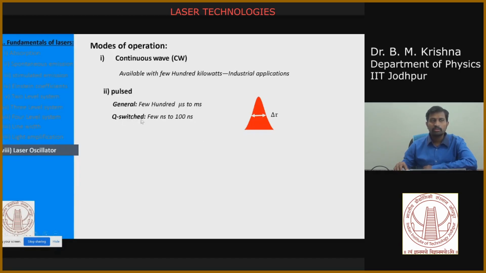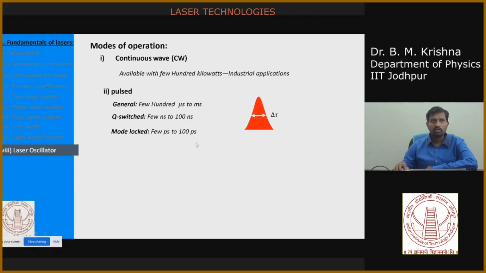In Q-switched lasers, Q-switching is a technique to make your laser into a short pulse laser. You can make your laser system produce pulses from a few nanoseconds to hundreds of nanoseconds.